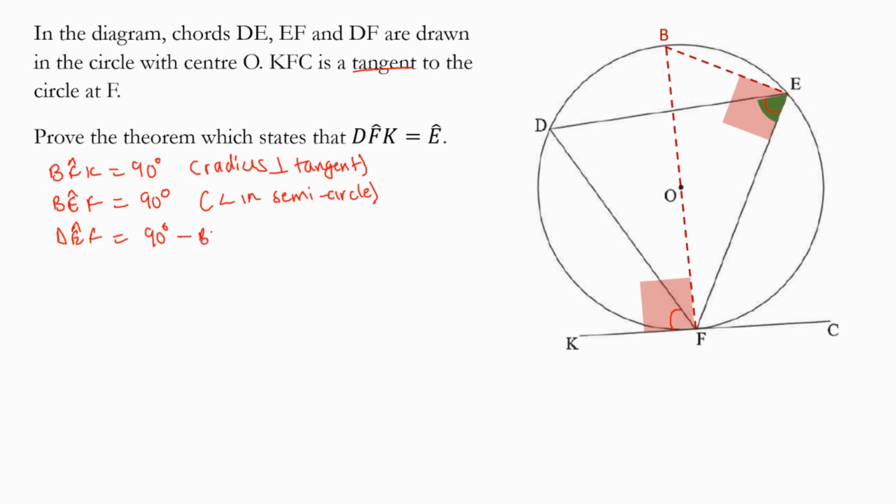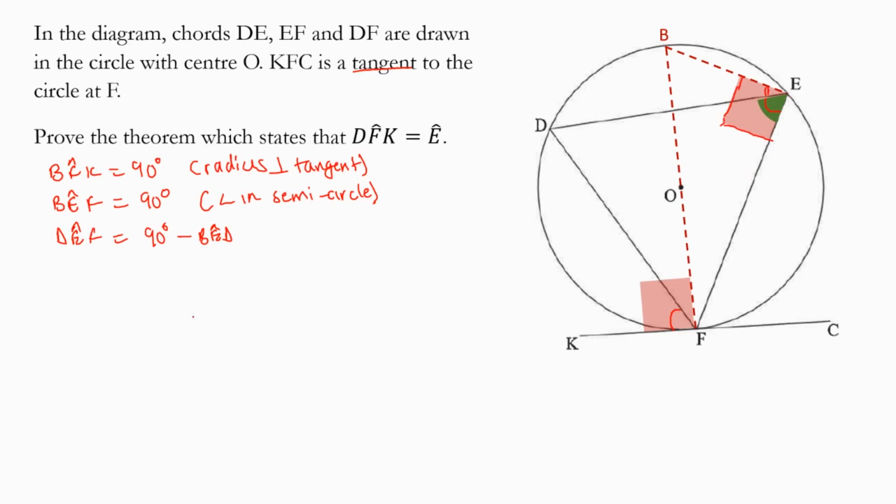Please pause the video and make sure you understand. DEF is equal to 90 minus angle BED. This angle that I've highlighted in green there is 90, minus this angle here. It will give us angle DEF.